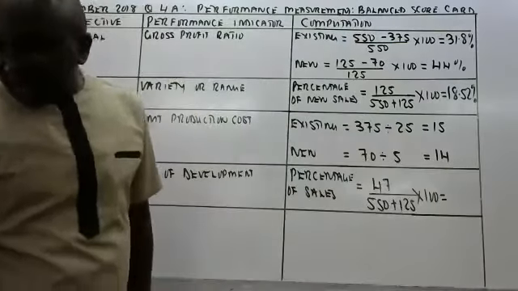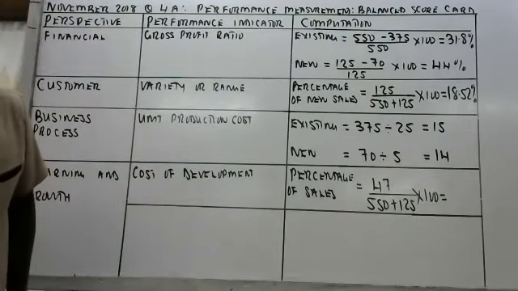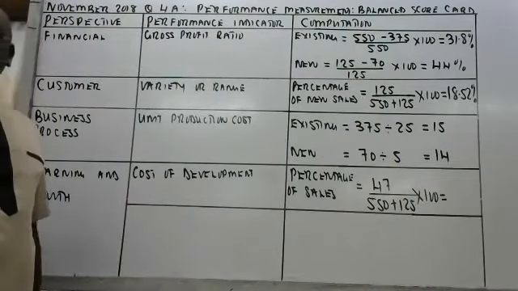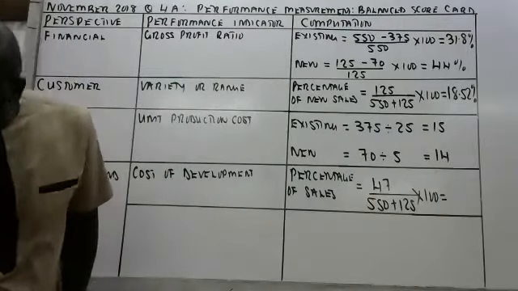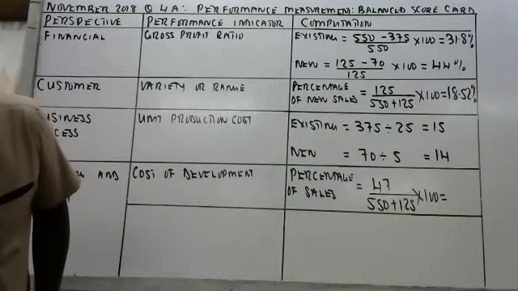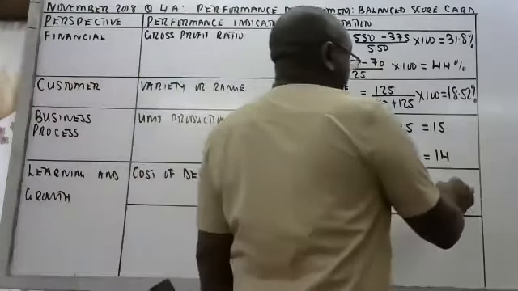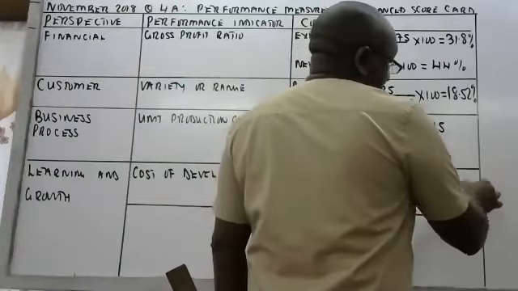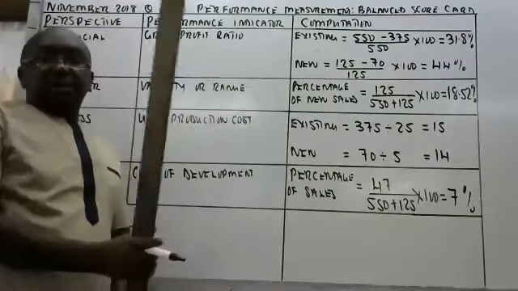What percent is that? 7%. So we are spending just 7% on research.